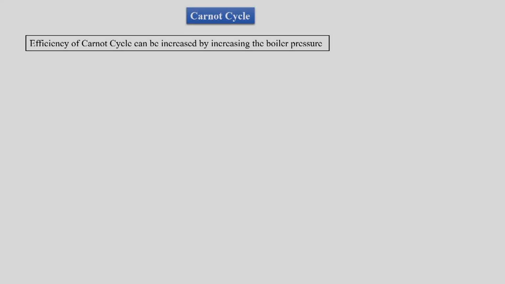We can as well increase the efficiency of the Carnot cycle by increasing the boiler pressure. We again can go back and see the formula for Carnot cycle efficiency. It is basically efficiency is equal to 1 minus T low divided by T high.